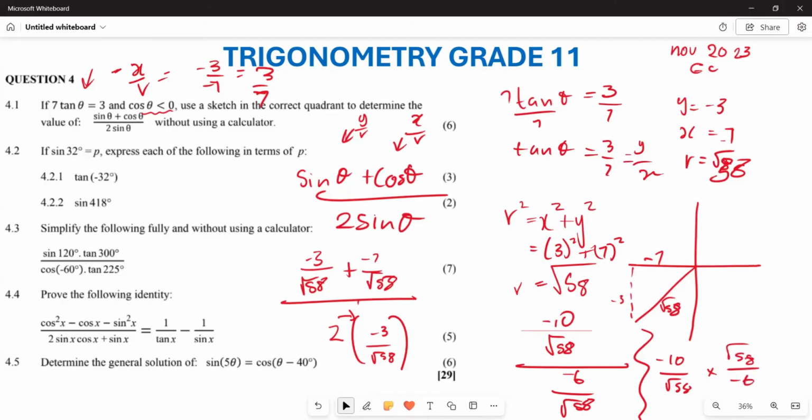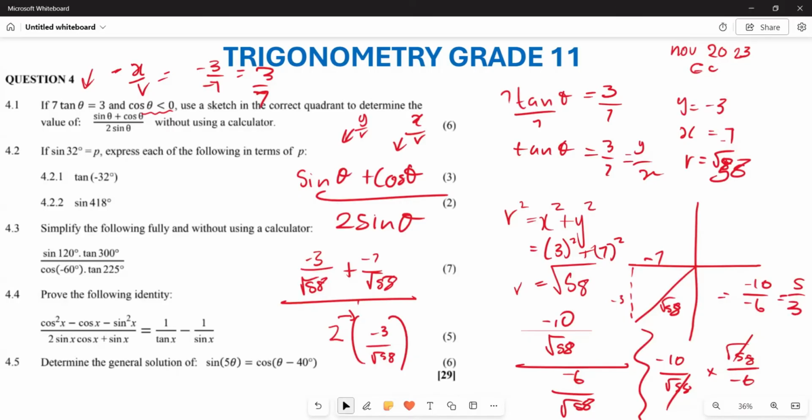The reason why I'm doing this, remember, I'm changing my division sign to a multiplication sign. So that's what I am required to do. I want you to see that the root 58 and the root 58 are going to cancel. The answer that you're going to have is negative 10 over negative 6. This is the same as 5 over 3.